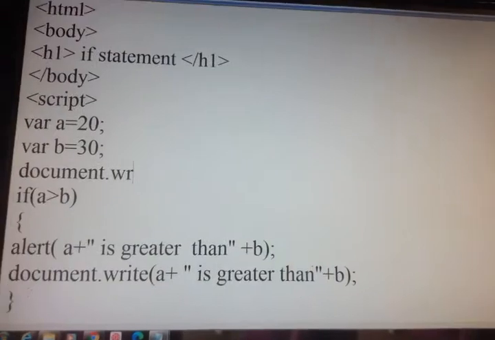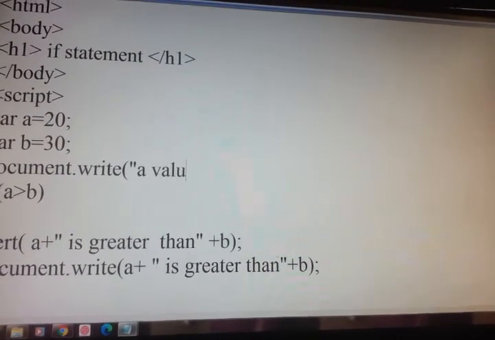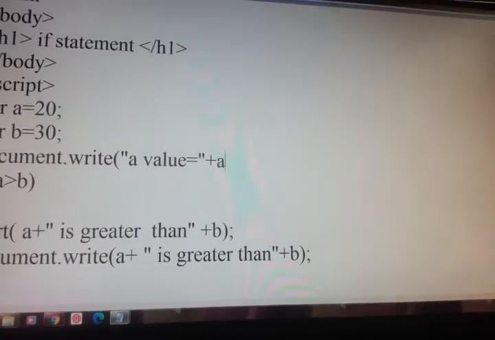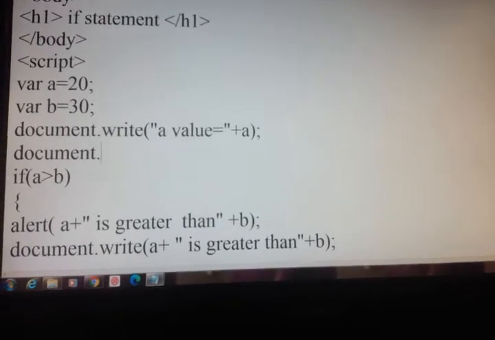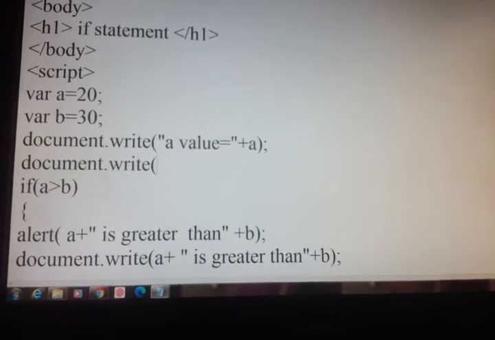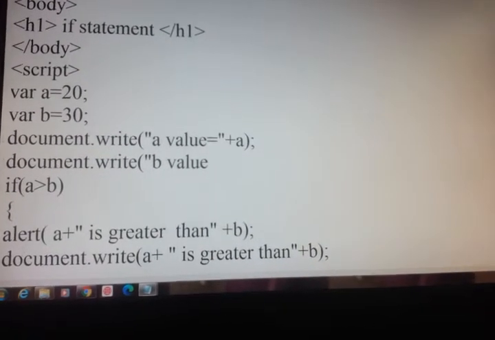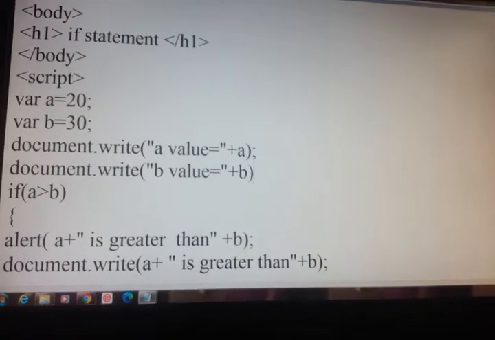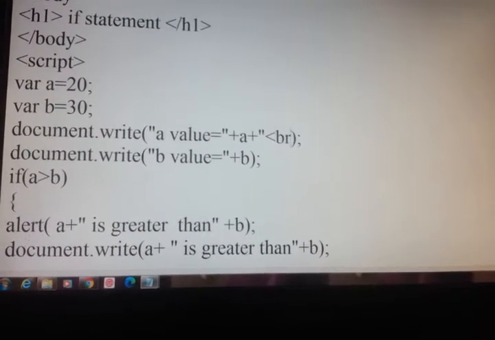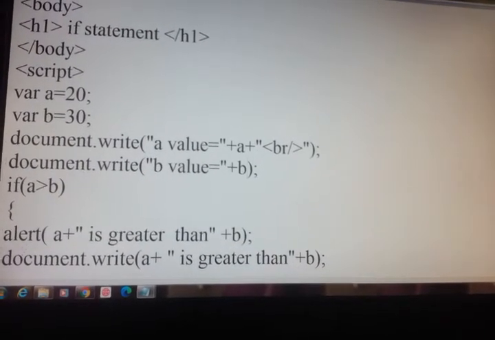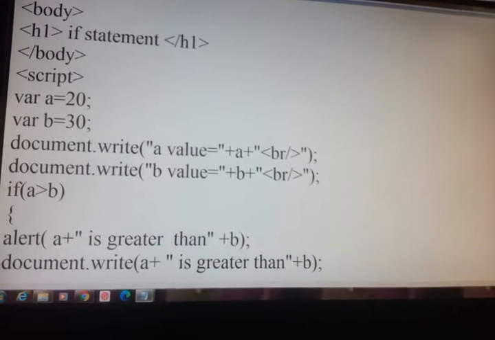Document dot write A value is equal to, document dot write B value. And save the program.